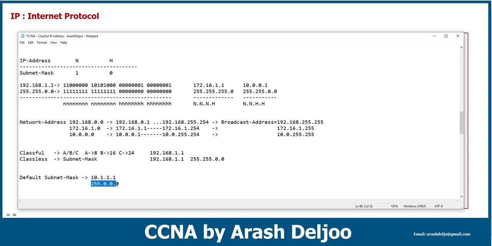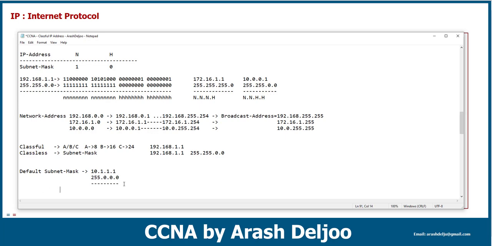When in classless networks we are using 255.0.0.0, this means that the first 8 bits of this IP address are the network bits, and the second, third, and fourth octets are the host bits. You know that here we have the same condition as classful networks.